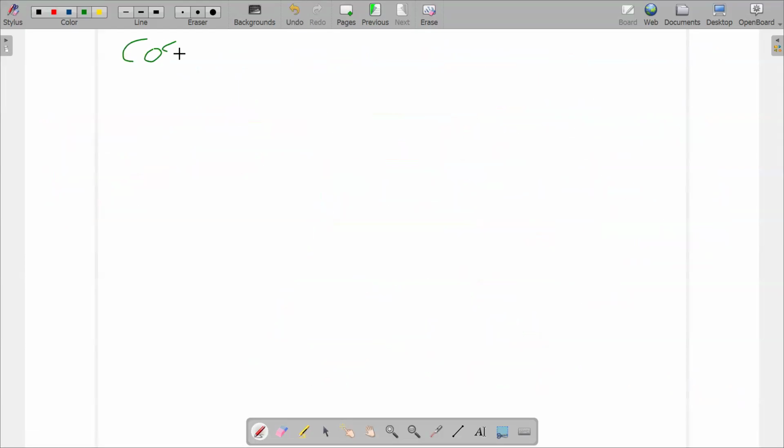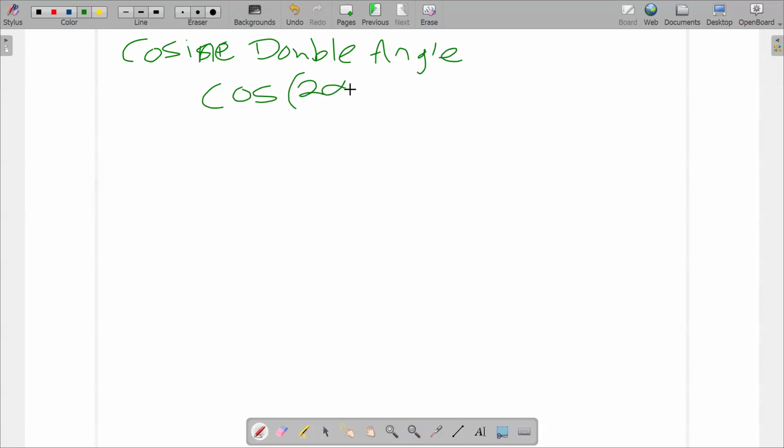So again, cosine double angle. So cosine of twice some angle. First version is cosine squared of that angle minus sine squared of that angle.